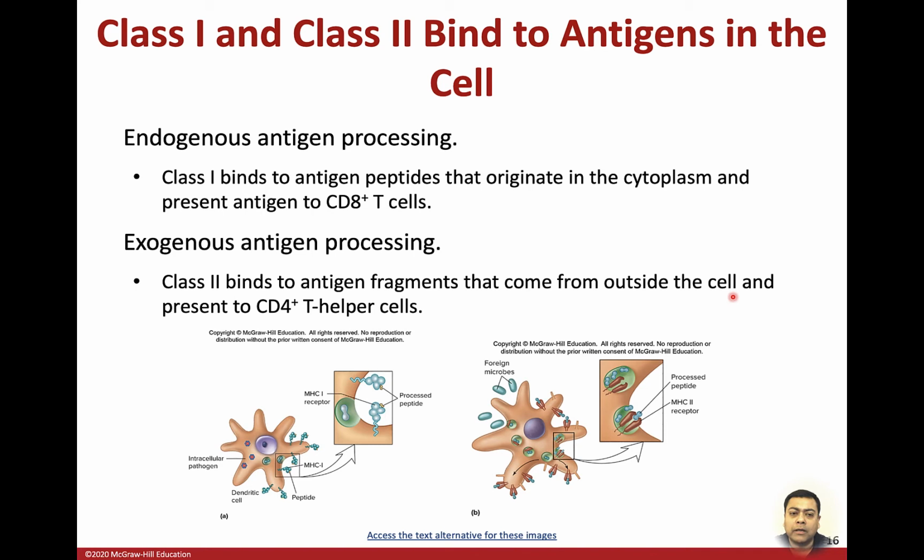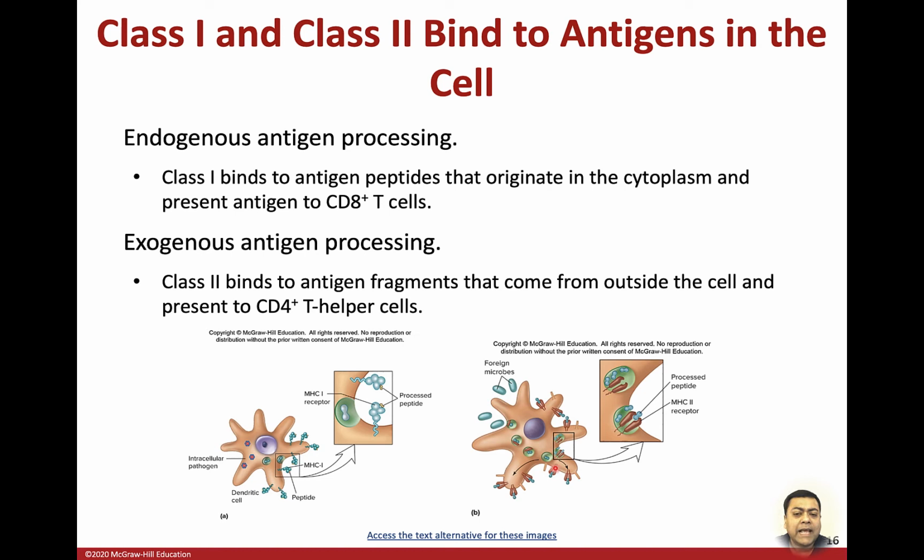These are foreign. These are presented to CD4 helper cells. And here what you are seeing, suppose this is a dendritic cell which captured the pathogen by endocytosis, or this is a macrophage which captured the pathogen by endocytosis, or a neutrophil by phagocytosis.